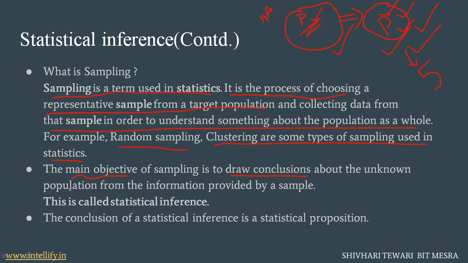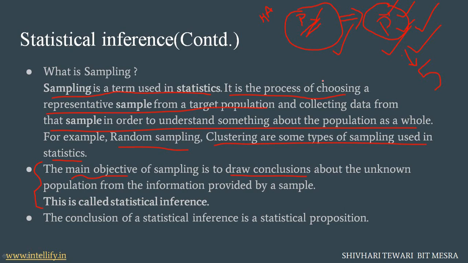So the main objective of sampling is to draw a conclusion about the unknown population from the information provided by the sample, and this whole process is called statistical inference. That means drawing a conclusion using the sample that someone has taken for testing a hypothesis, creating a decision.